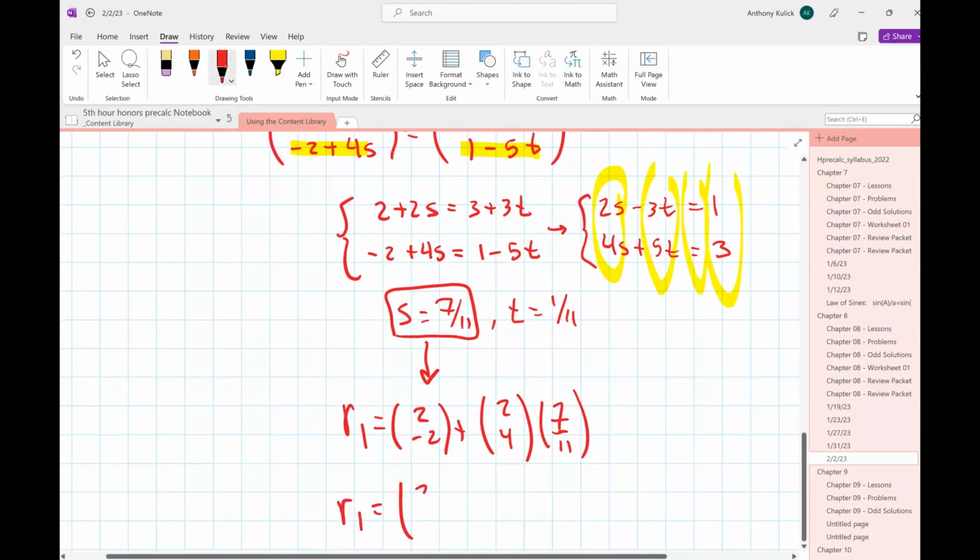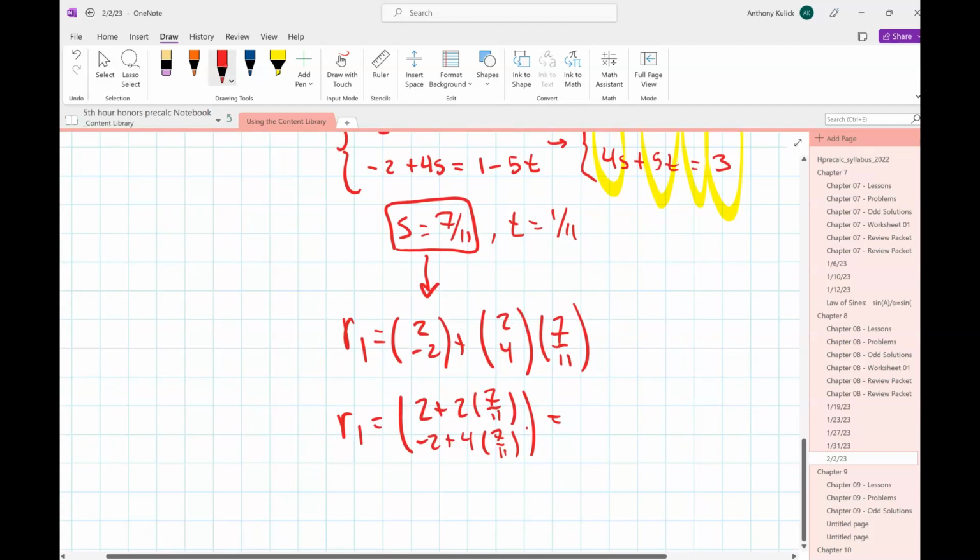So what do I get there? I get 2 plus 2 times 7 over 11, and then negative 2 plus 4 times 7 over 11. And then whatever that simplifies down to, that'll be the point of intersection. If I do the same thing with the t into R2, I should get the same vector out of this. So what's that going to be? 14 over 11 plus 22 over 11.